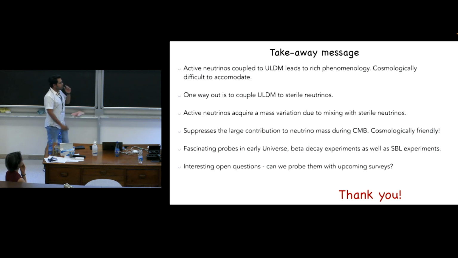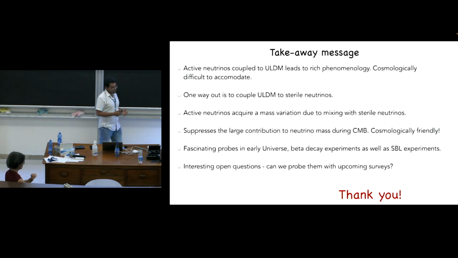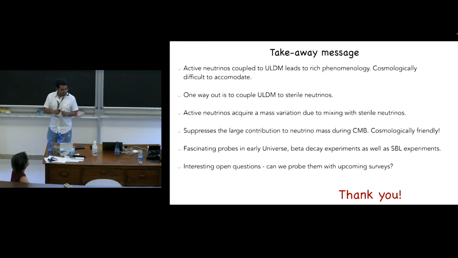So the main takeaway message is that in principle, one can couple active neutrinos to ultralight dark matter, and this leads to very interesting phenomenology. But this is cosmologically very difficult to accommodate, because dark matter gives a mass to active neutrinos, and this active neutrino mass starts growing, and this is not allowed. One way out is to couple this ultralight dark matter to sterile neutrinos and then allow the mass term to get into the active neutrinos via mixing.